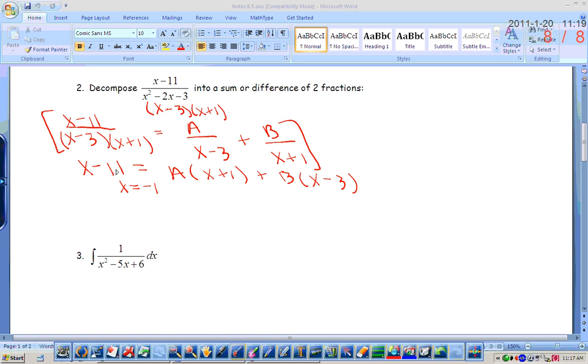All right, well, if x is negative 1, then on the left side I actually have negative 12 equals negative 4b. So b equals 3.